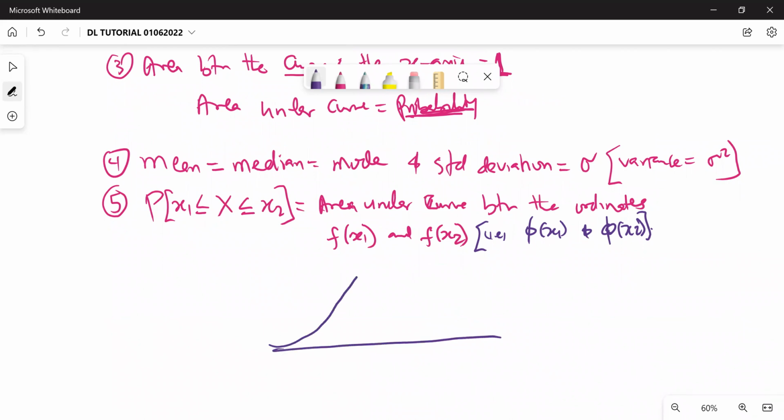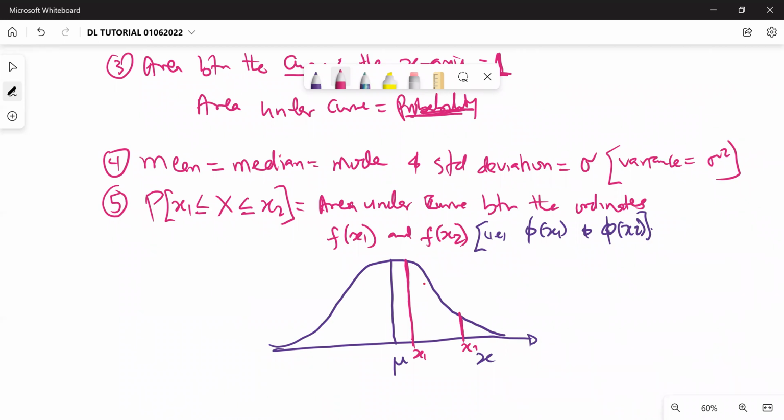If this is the curve that we're talking about, and this is mu, this is of course your x-axis, and you pick some values here, let's say this is your x1 and this is your x2, this is what we are calling the ordinate at x1, and this is the ordinate at x2.